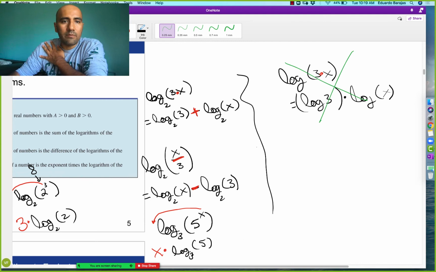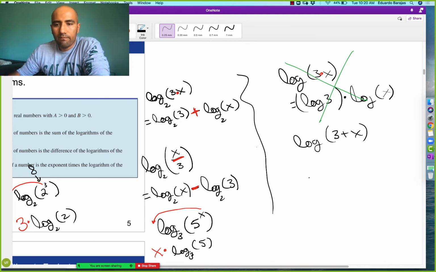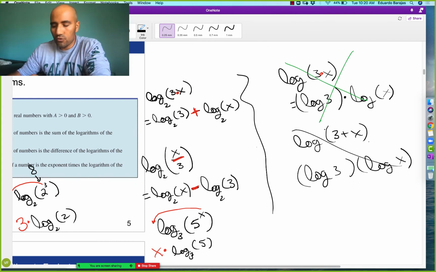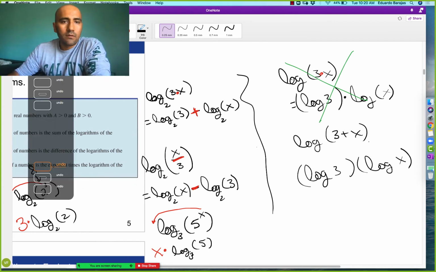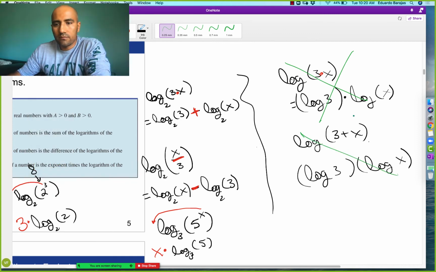Another common mistake is that people think this works backwards. So if they see log of 3 plus x, maybe it goes backwards and equals log of 3 times log of x. That's not true. And they maybe think that there's some sort of distribution process that happens, so this one's also not true.